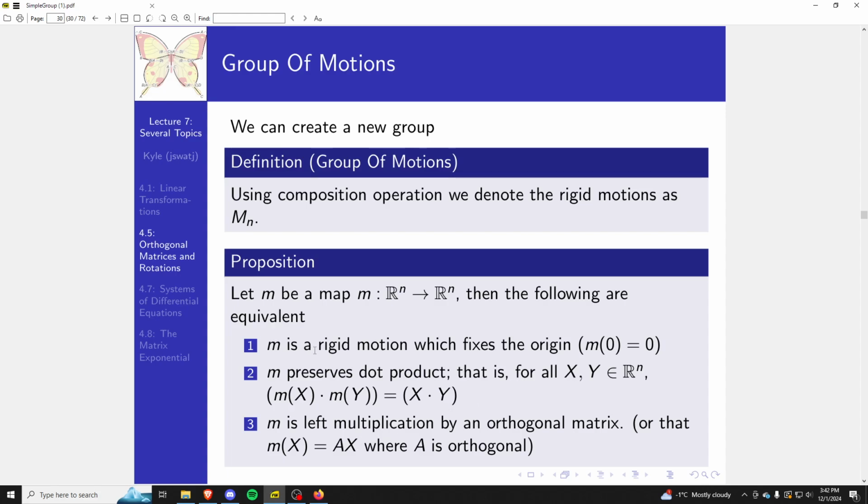And so if this is true, why is it a linear operator? And there's something here on this page that will help. And it's also something we talked about earlier with left multiplication by a matrix.